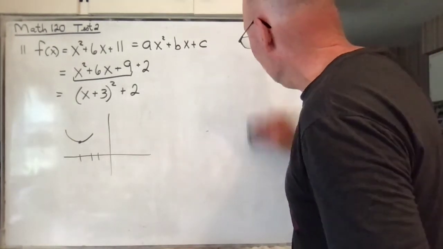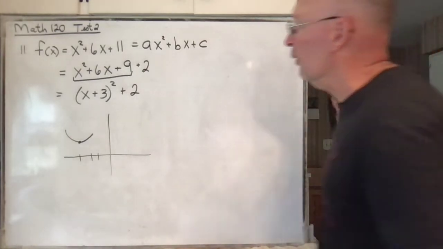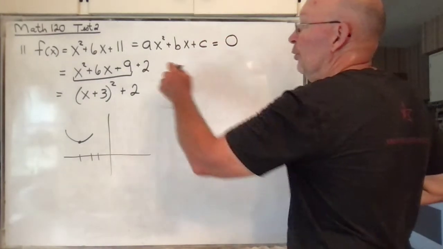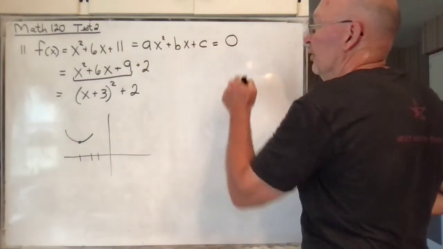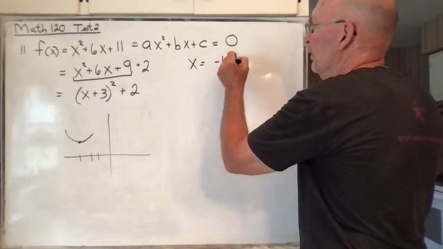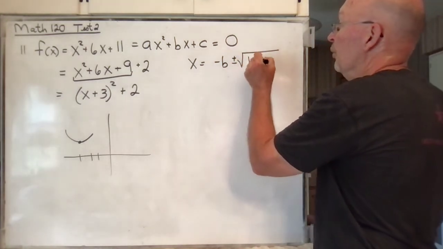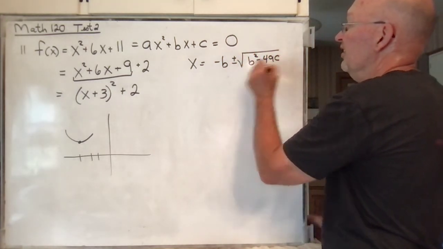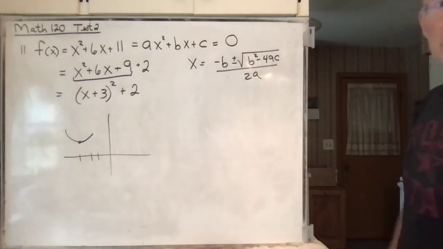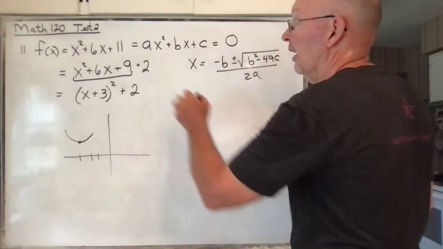And finally, a third way, if you remember back from the first part of the course, we learned the quadratic equation. The quadratic equation says that if you want to know where this thing will be 0, that the places where it's 0 is at negative b plus or minus the square root of b squared minus 4ac, all over 2a. Okay? So if you happen to know that or remembered it, then you could do that on this one.